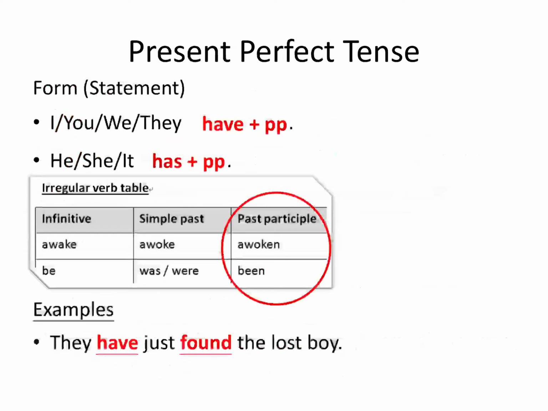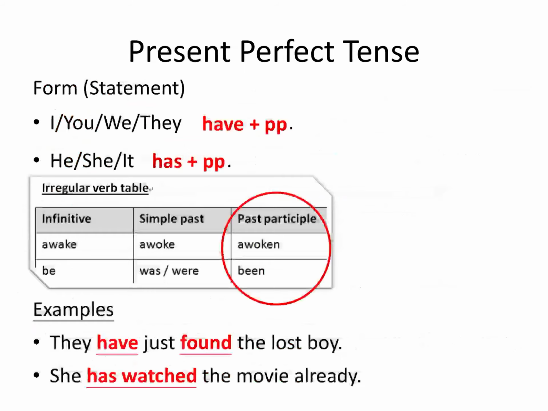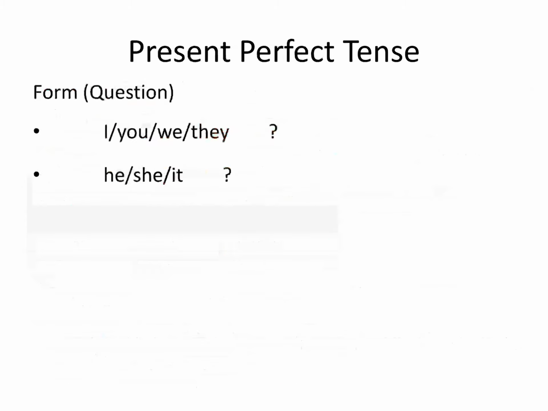Done is PP, the past participle of do. Please note that some PP is the same as the simple past verbs. Examples: they have found the lost boy. She has watched the movie already. So both found and watched are the simple past verbs as well as the PP form.